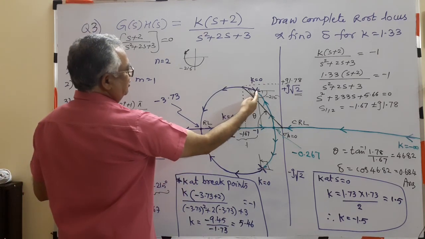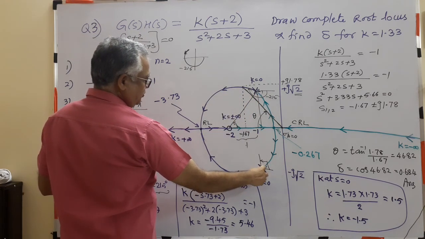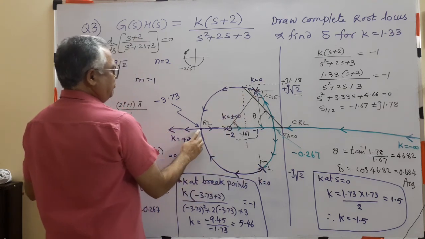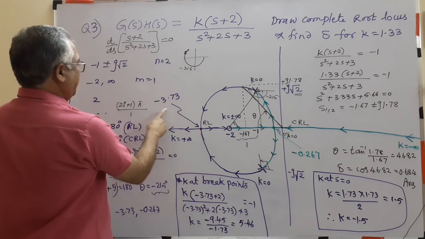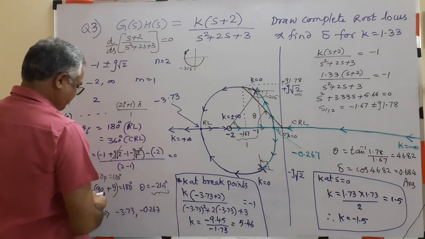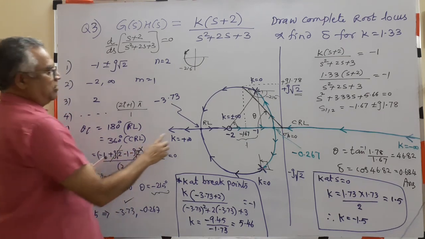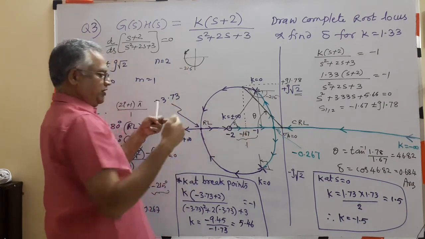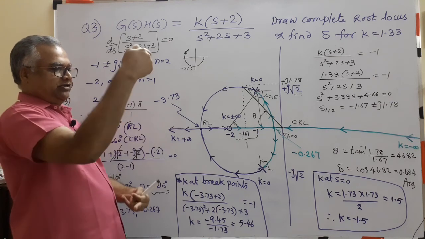So this is k equal to 0, angle of departure is this. This is k equal to 0, angle of departure is this. So both are coming, meeting at this point. This point is minus 2 na, so minus 3.73 is one valid breakpoint. After the break, when it is going this way, angle of departure will be like this.